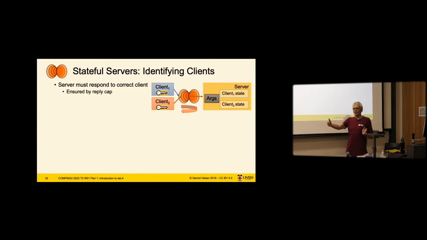You read a certain number of bytes from a file, and then there's a marker that points to how far you've read, and next time you do a read, you keep on reading. That's state that needs to be kept in the server across invocations by the client. So in order to do that, the server needs to have a way of identifying clients, so it can associate individual clients with the state it holds on their behalf.